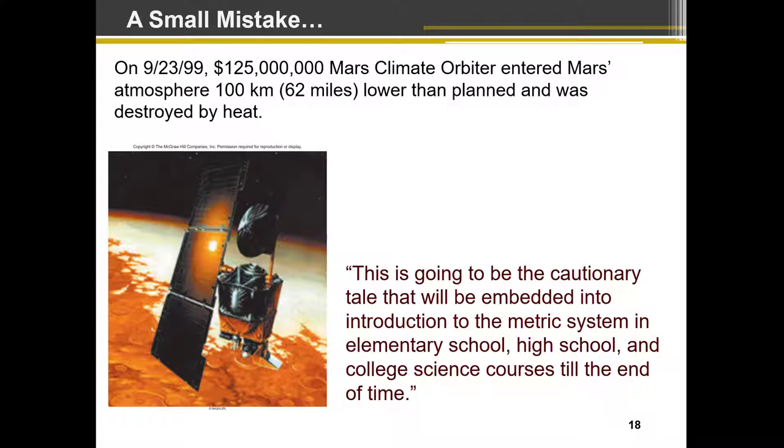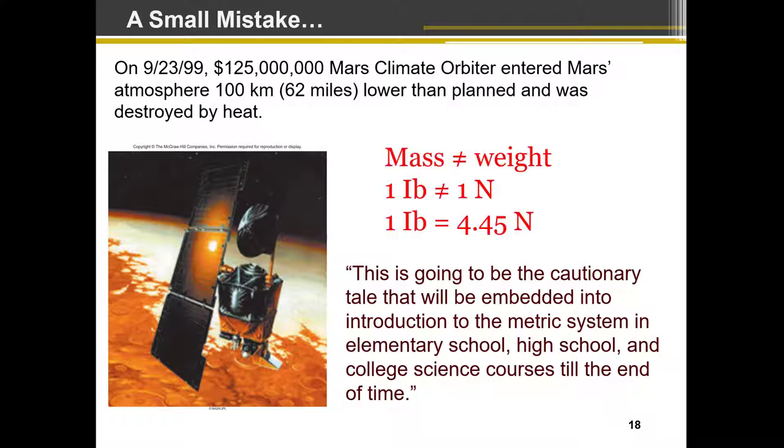It was a $125 million spacecraft that was sent to Mars, but the scientists made a very small mistake that led to a very big impact, which actually caused the spacecraft to enter Mars' atmosphere 100 kilometers lower than it was supposed to.